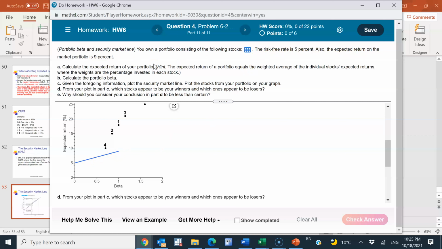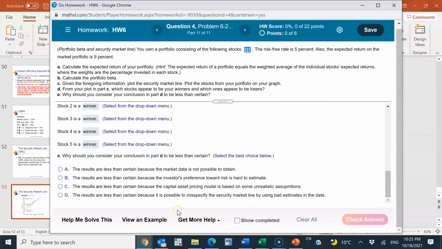In reality, both need to be estimated. So there is error associated with each input, which means there's also error associated with the position of this security market line. That's the uncertainty we have to face.